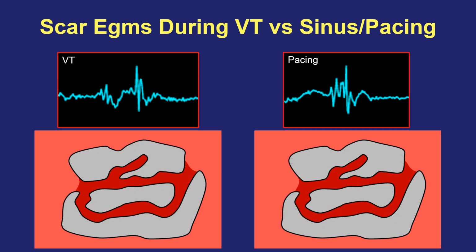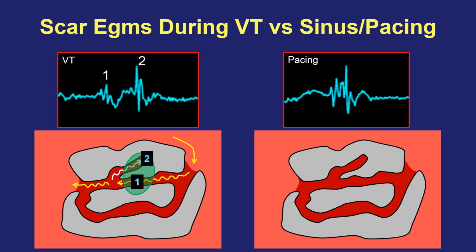Here we have the same circuit shown during VT and during pacing, and let's think about a recording bipole in these two circumstances in the same location. So, for example, if we had a recording bipole here and the green oval is showing the field of view of that bipole, and let's say this electrogram here was recorded from site 1 and this second electrogram was recorded from site 2 during VT.